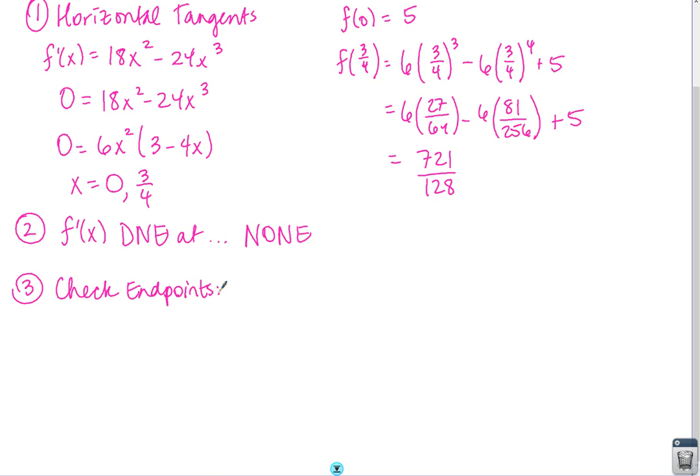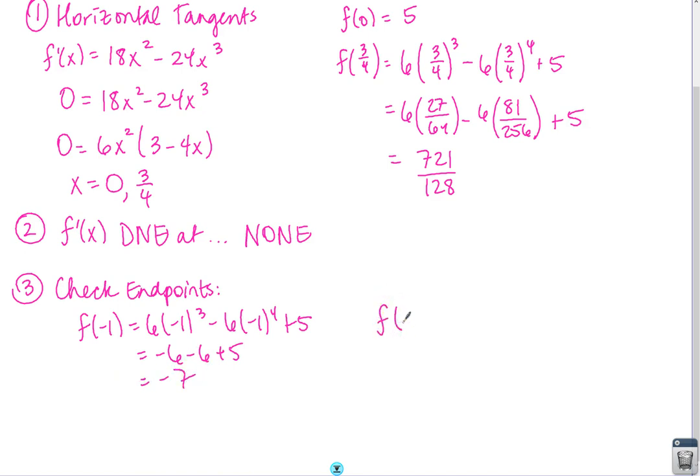Okay, so checking our endpoints, we're going to have f of -1, 6 times -1 cubed minus 6 times -1 to the 4th plus 5. So -6 minus 6 plus 5 is -7.